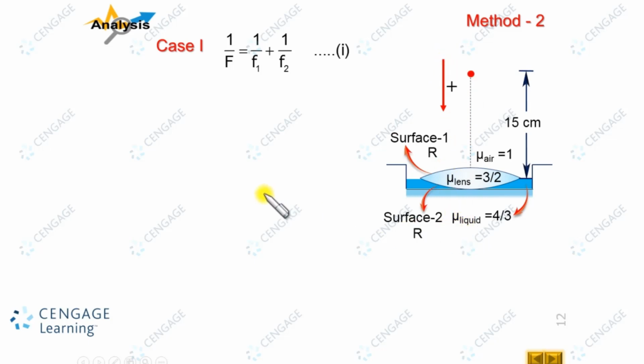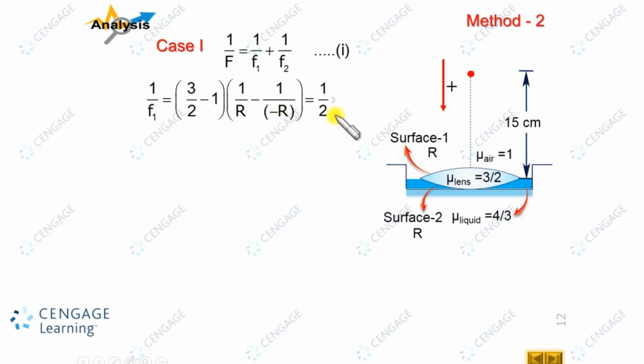So here we can write 1 upon F1 equal to 3 by 2 minus 1, 1 upon R minus 1 upon minus R. After solving, this is equal to 1 upon capital R. This is the focal length of the first lens. Now let us consider the focal length of this plano-concave lens. The radius of curvature for the first surface is R and this is negative.